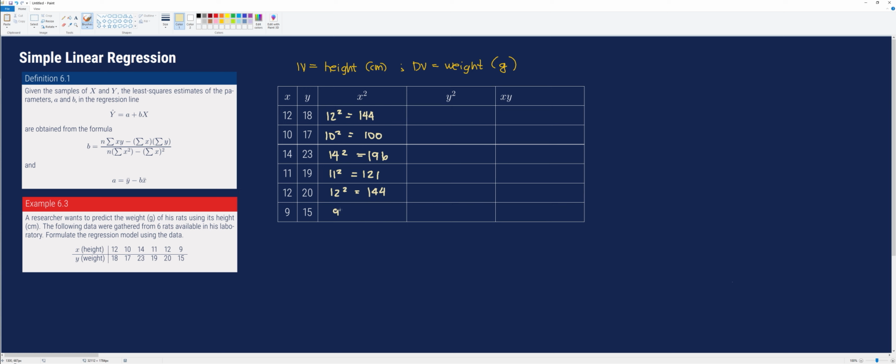And 9 squared is equal to 81. 18 squared is equal to 324.